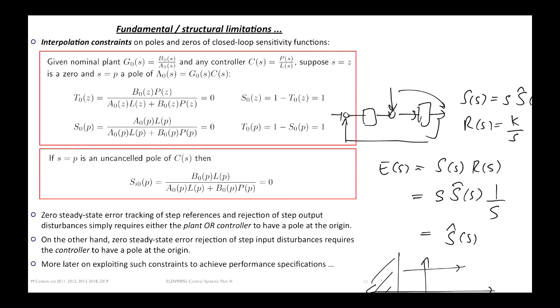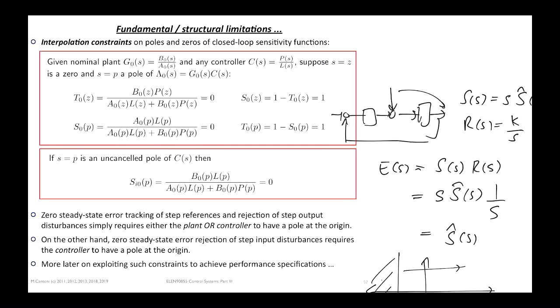We saw these so-called interpolation constraints and observed that at open loop poles of the plant or the controller transfer function, the output sensitivity, right, which tells you how sensitive the error signal is to the reference, and how sensitive the output signal is to an output disturbance, will be 0 at the open loop poles. Okay, and that means the complementary sensitivity function will be 1. And we discussed how that could be exploited to ensure 0 steady state error for tracking of step references or rejection of step outputs, okay?